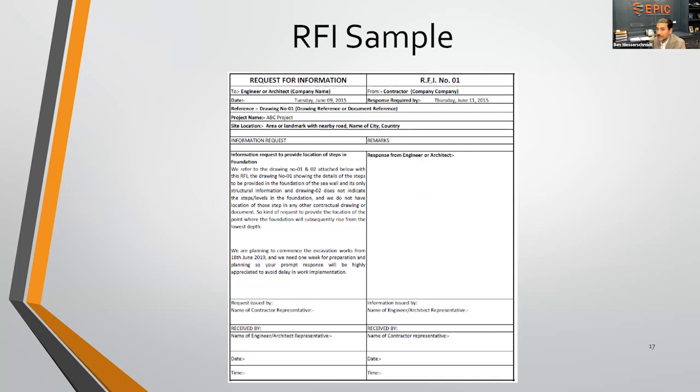Here's a sample. I don't know how legible it may be on everyone's screen, but essentially it's going to identify the RFI number, who it's from, who it's going to, the date, any reference, any sort of detail they may provide, and then the actual question. And this may be referencing a discrepancy between certain plans, or maybe plan integration from the architect versus the structural engineer, and things may not be lining up.